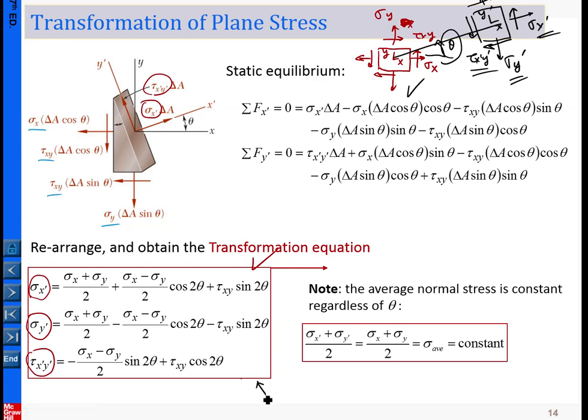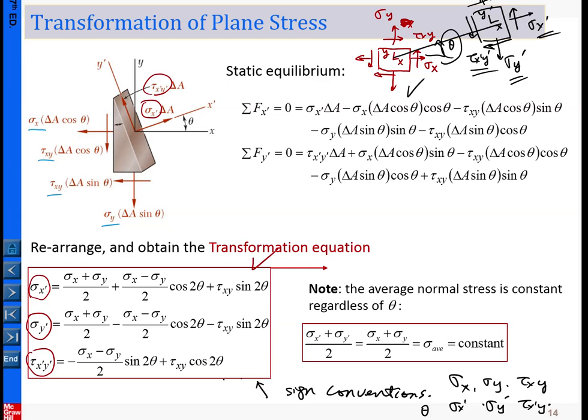Again, in these equations you need to apply the sign convention for all the stresses: sigma x, sigma y, tau xy, sigma x prime, sigma y prime, tau x prime y prime, and also for theta. Make sure the sign conventions are applied correctly. Otherwise, you will make a big mistake in your calculation.